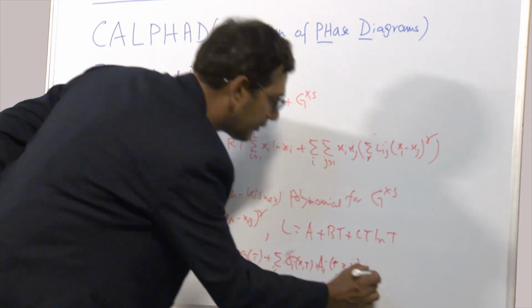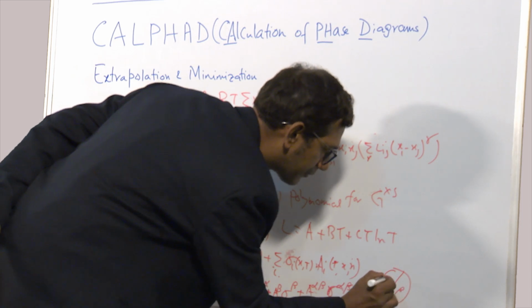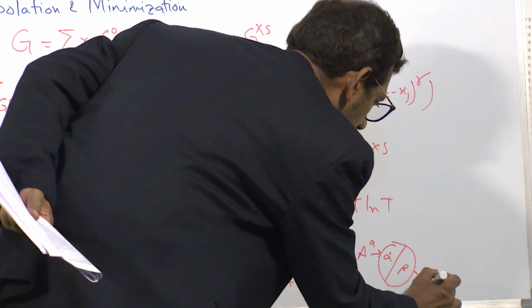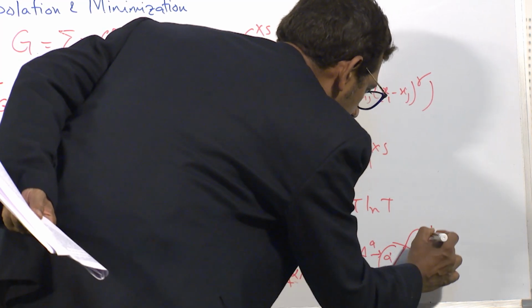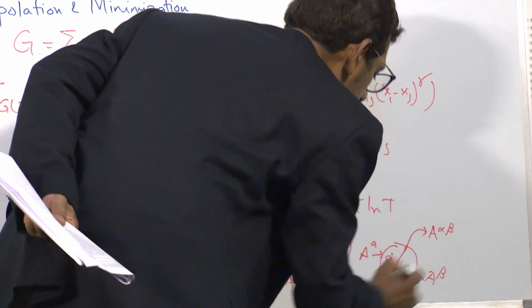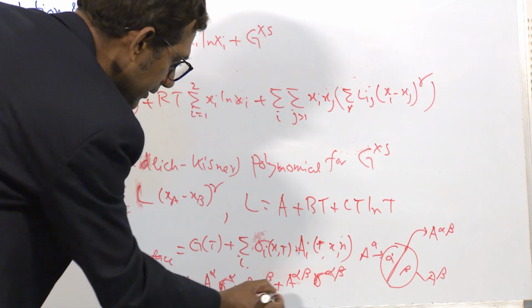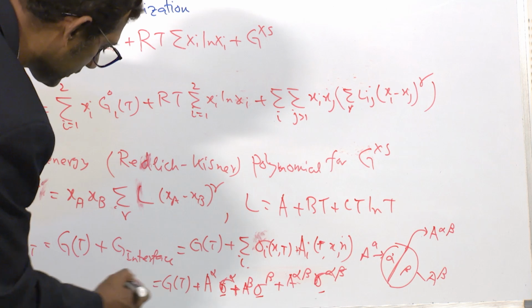So, you have a particle like this with two phases, alpha and beta. This is the surface area of alpha, this is the surface area of beta, and this is the interfacial area, alpha beta. And we are multiplying everything with surface energy. So, that is your G total.